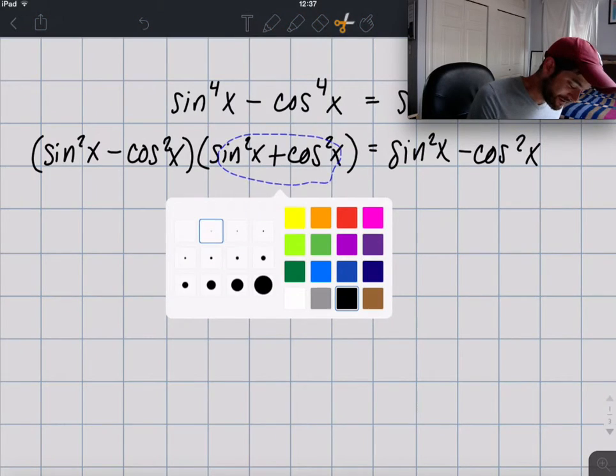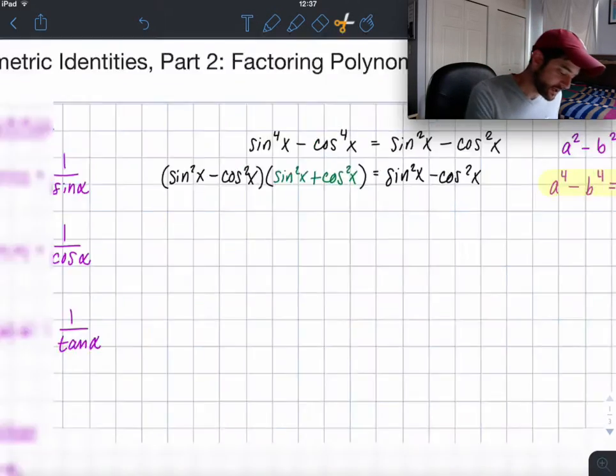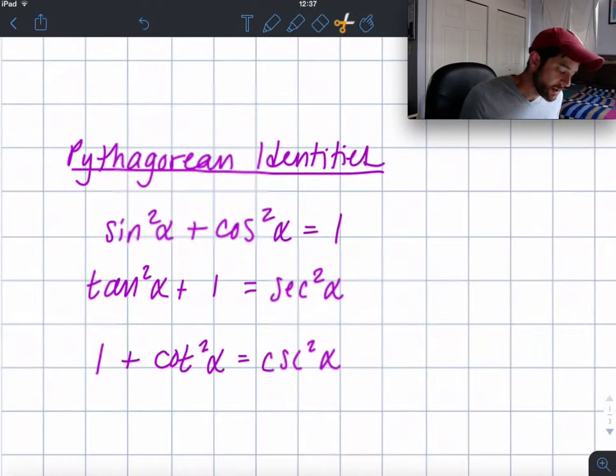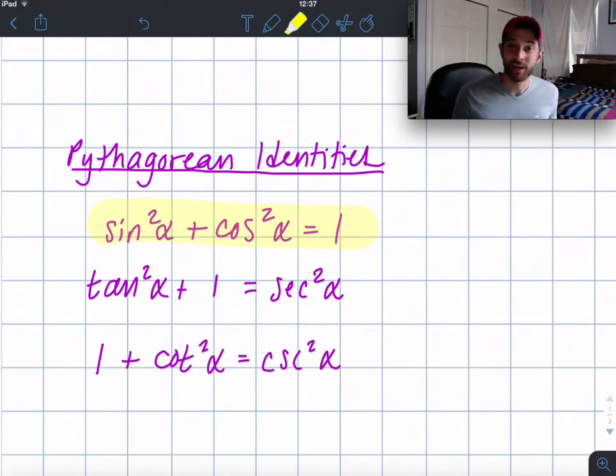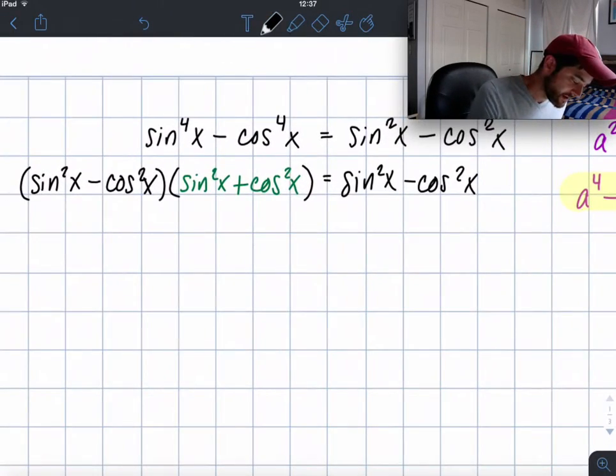Taking a look at this here, I know that sine squared x plus cosine squared x equals 1. I know that because my Pythagorean identity says sine squared of an angle plus cosine squared of an angle equals 1. And that's exactly what I have. So it doesn't matter what x is in this case, that equals 1.